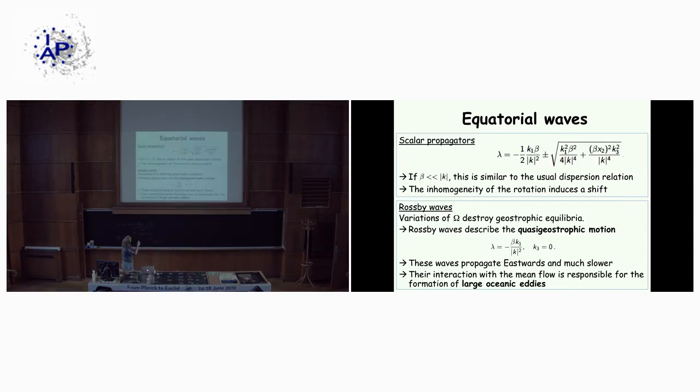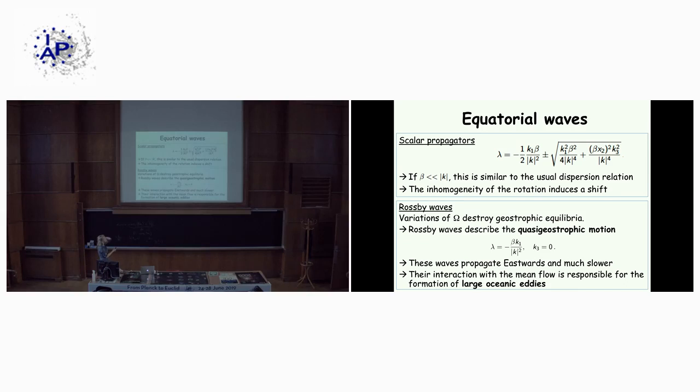So now this is the new formula for the dispersion relation. Of course, it's a little bit more complicated, but still you see that you have these two kinds of modes. The modes which are the same, just the extension of the Poincaré modes that we already saw in the previous part.